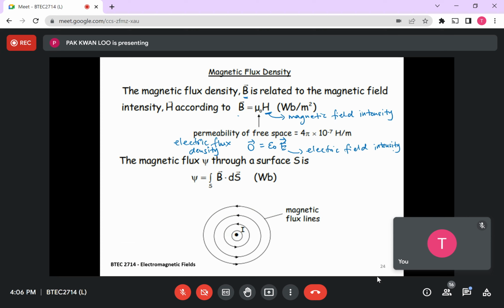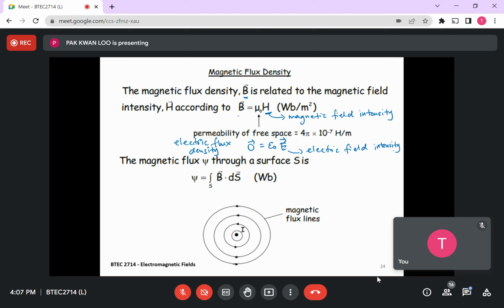So they are comparable, but of course the behavior and the characteristics are totally different. The source of the magnetic field comes from current and also the magnet, while for the electric field, the source comes from charge, right?